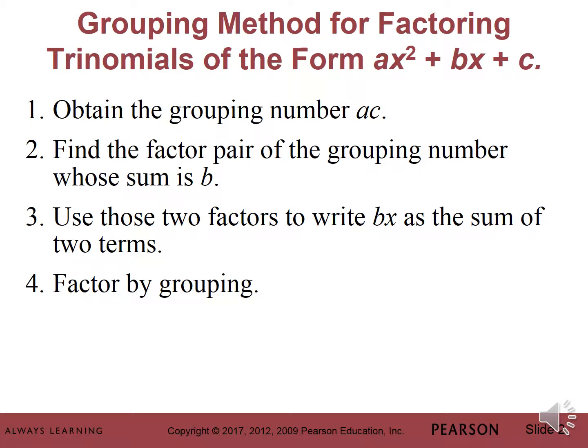And we have to find a pair of factors such that the sum is B. Use those two factors to write Bx as a sum of two terms, then factor by grouping.